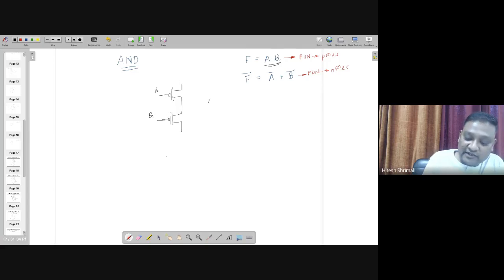So if I do this one, then this will become A bar and B bar. If I want to make A and B, I need to call them A bar, B bar, which are connected to VDD. This was the power up network, which we already made.